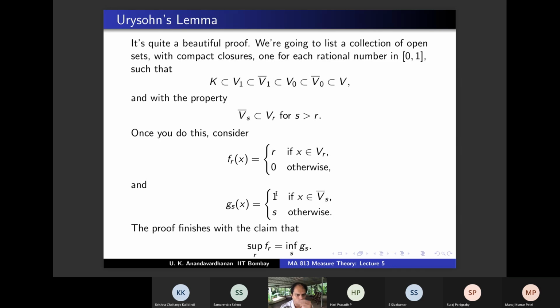And all the gS are 1 on VS bar, and therefore the infimum is 1 on K, because all the VS bar contain K. So the infimum will also be identically 1 on K. So that's also okay. And what is the support of this function?